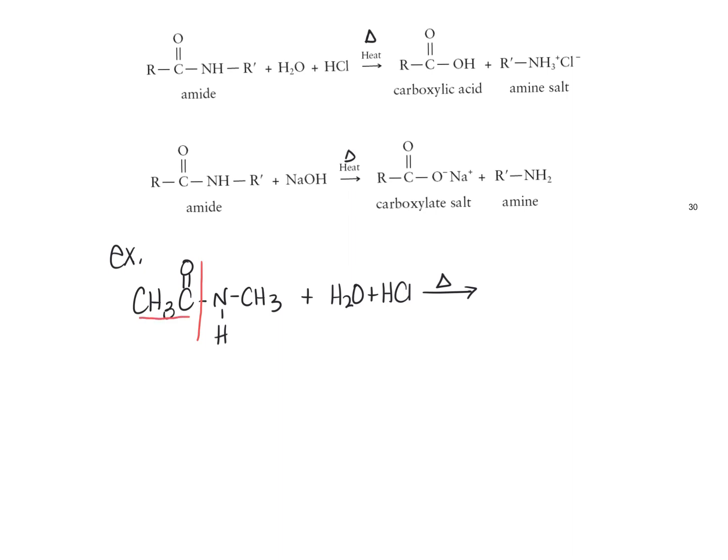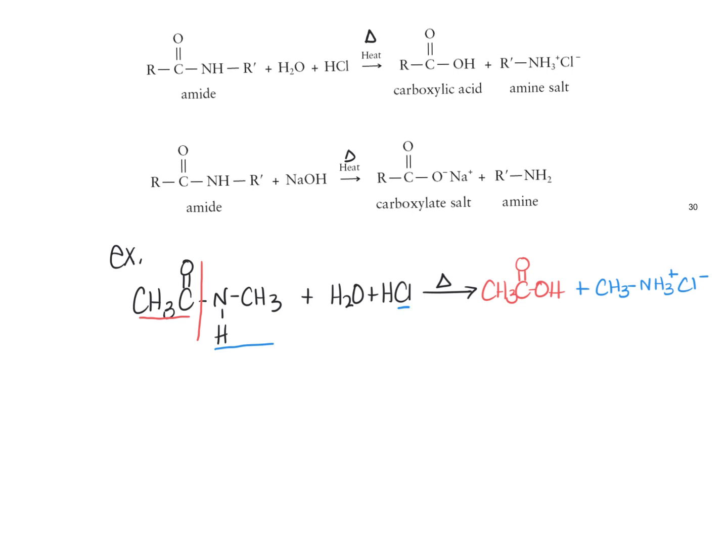With this part coming over here to form the carboxylic acid. And then this part here forms an amine salt. And then this is the counter ion that goes with that amine salt. And so that's what happens when we react it with an acid.